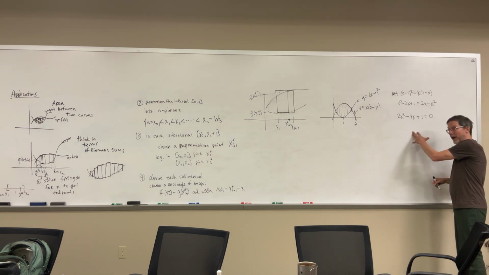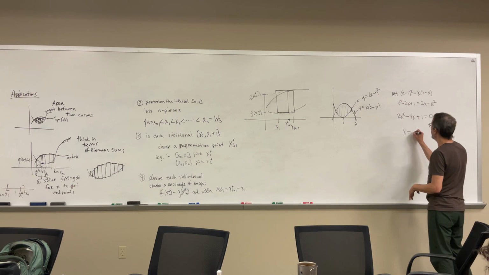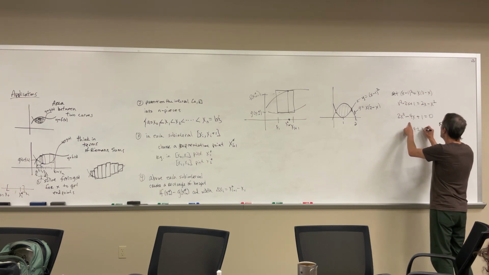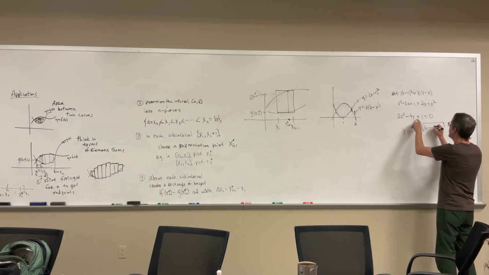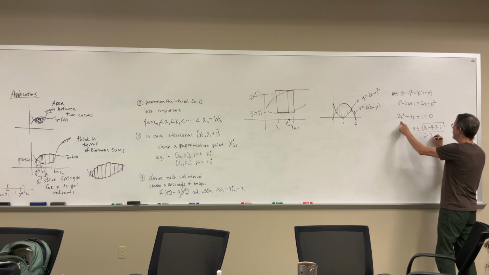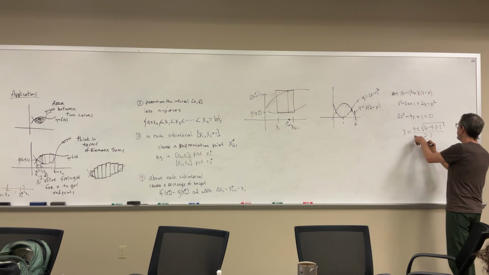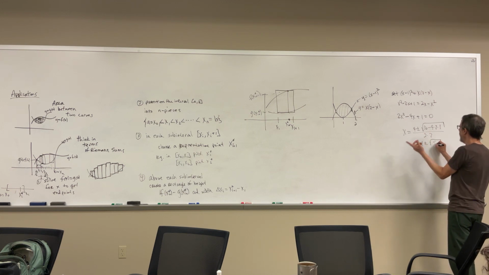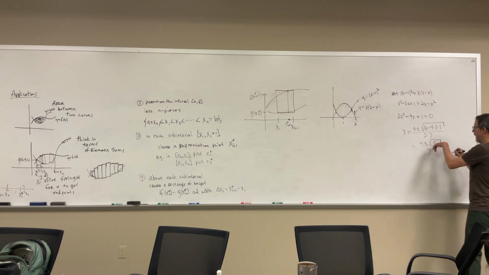And now I have to solve it, which is unpleasant. I did not make a nice problem for myself, but I could use the quadratic formula. For 2 times 2, so that's going to be 4 plus or minus square root of 8 over 4, and that is 2 square root of 2.